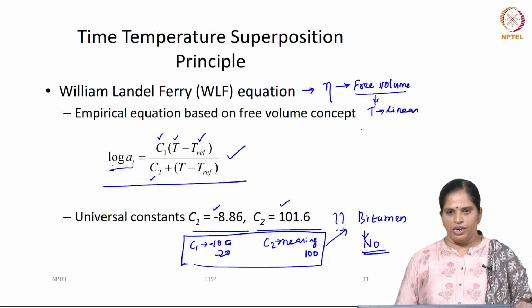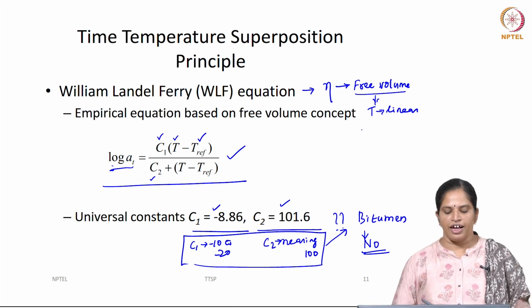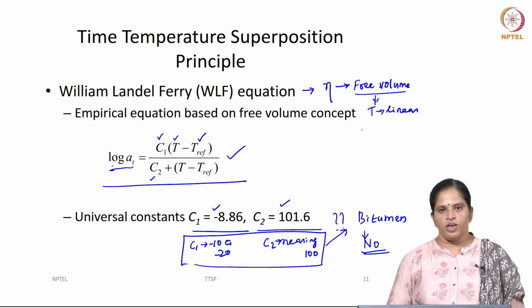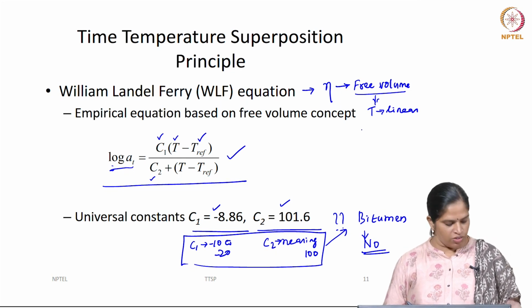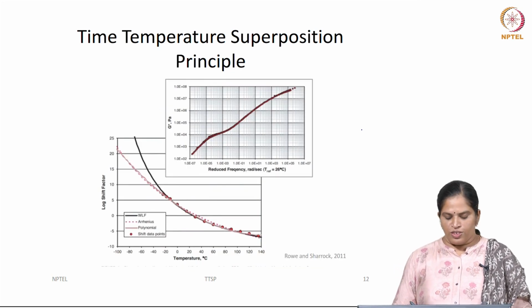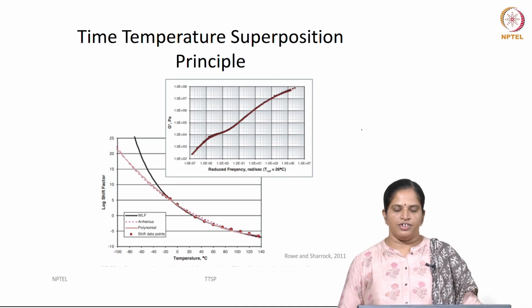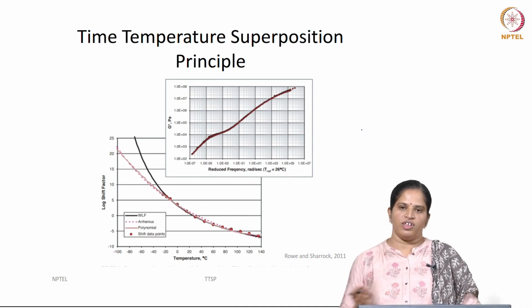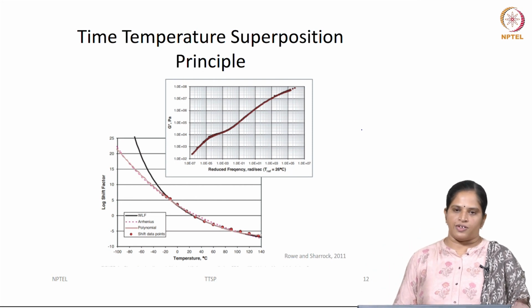So, now we have two equations, the Arrhenius equation and the WLF equation. We use these two equations to find a shift factor. Once we find a shift factor, the next step is to shift the values along the x axis.